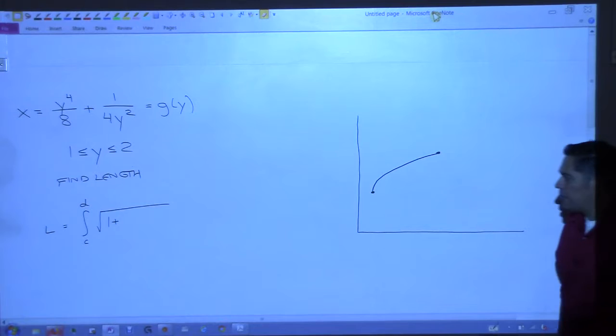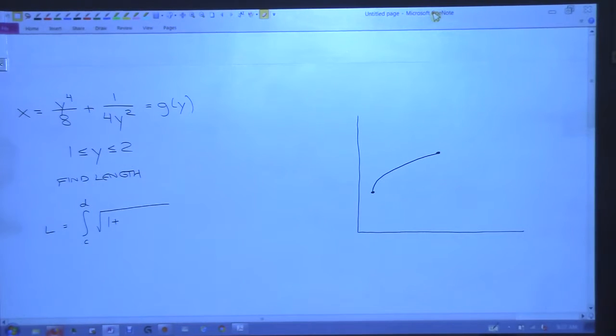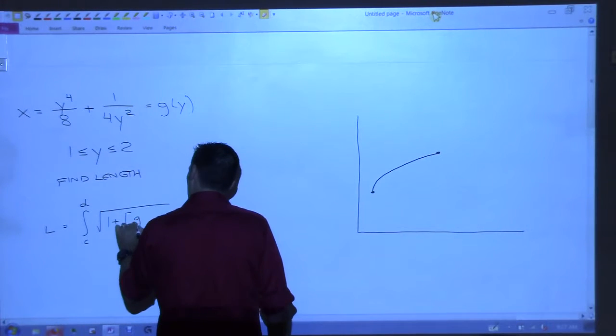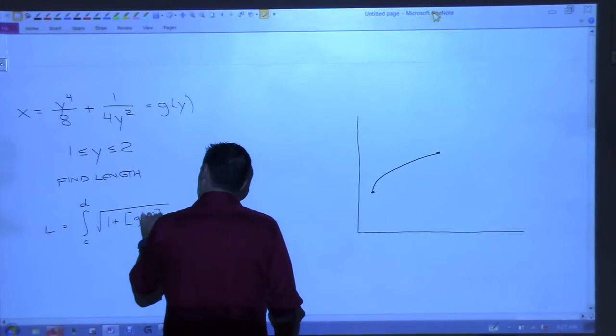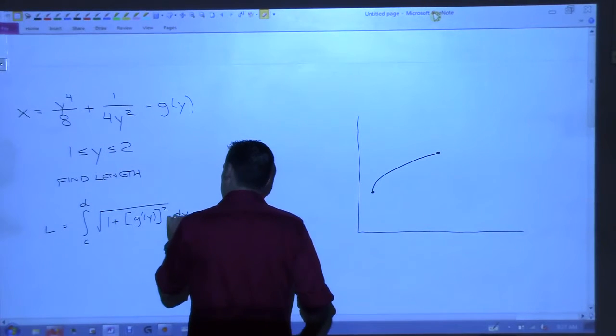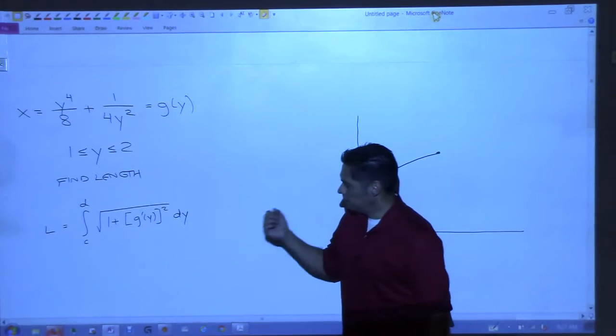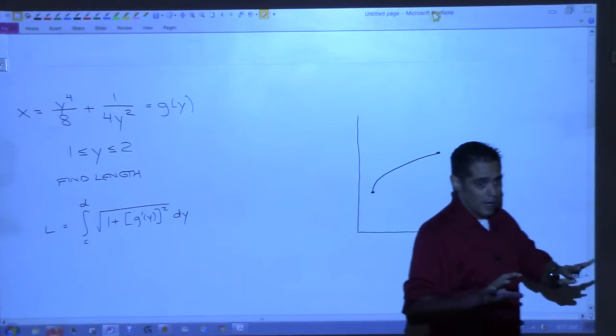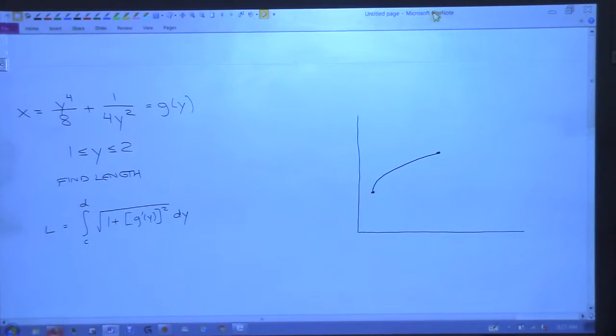I'm just making sure I'm using the same notation. So when I'm done with all this, I should have just y's in there, so I can integrate with respect to y.